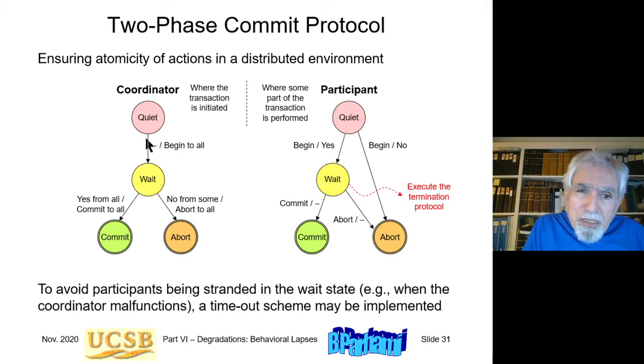So a dash means there's no input. This is a spontaneous action. The coordinator spontaneously decides to send a begin message to all participants. So all the participants will receive a begin message from the coordinator, telling them to begin executing this transaction. Okay, the coordinator goes into the wait state and waits for the participants to respond.